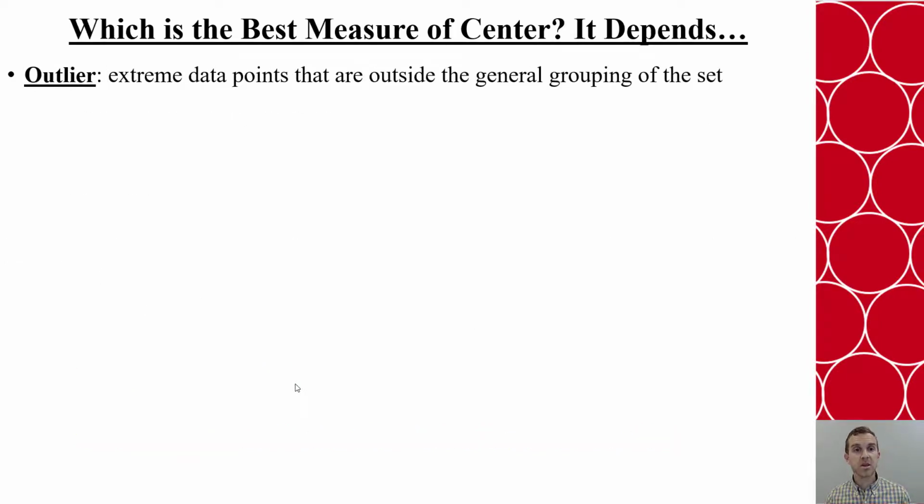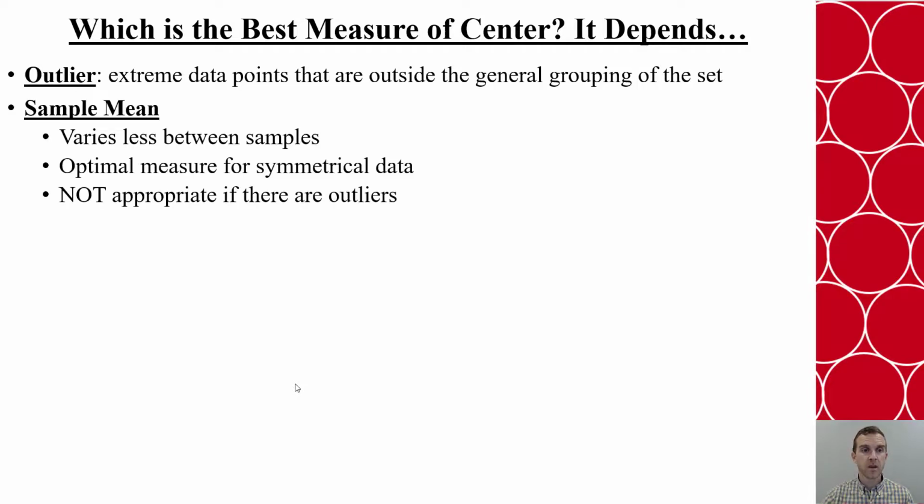So the question then becomes, is one of those measures better than another? The first thing that we have to pay attention to are outliers. Now, an outlier is an extreme data point that's well outside the general grouping of the set. So I want to say, does our data have any specific outliers that make one value better than another to use?